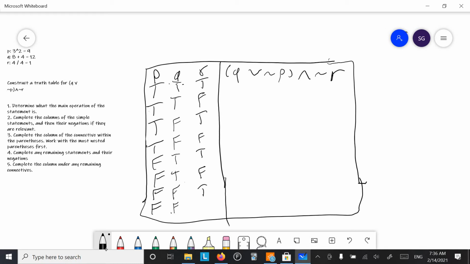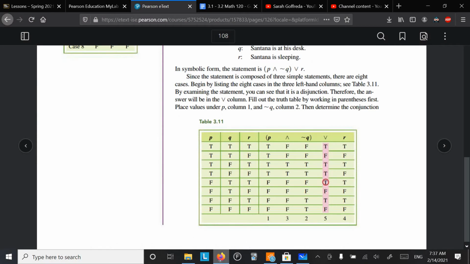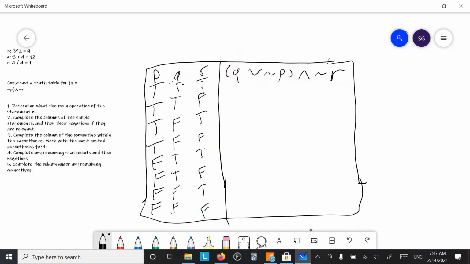T, F, T, F. And just to double check, we go into our book, and it's correct. Okay, so we figure that out. Now on to the meat of the problem.